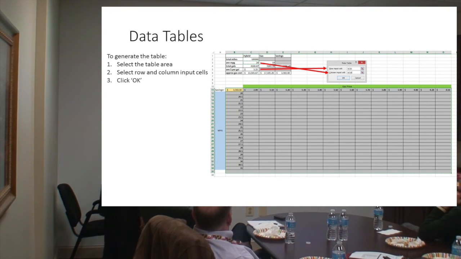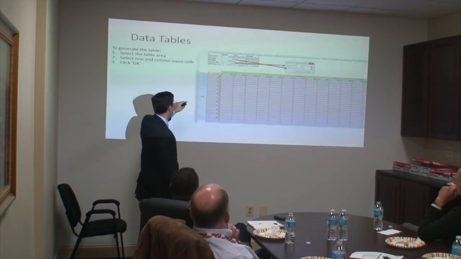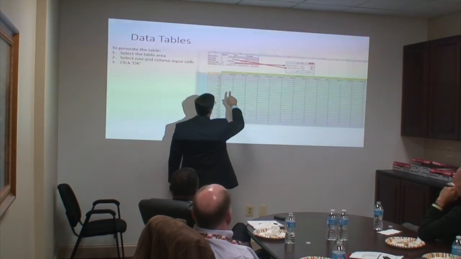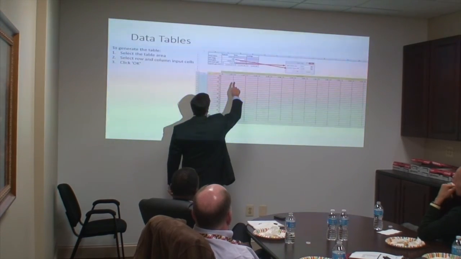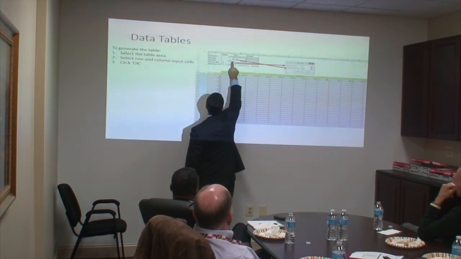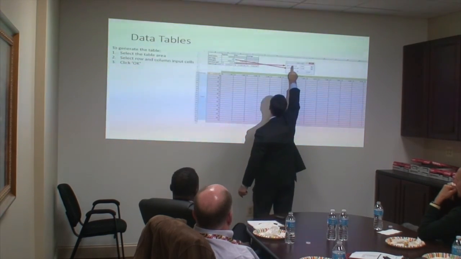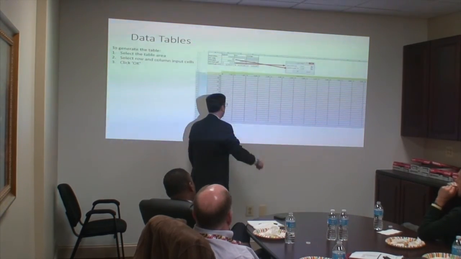In this instance, I'm still calculating savings, so what's going to be filled in here is dollars and cents. I've got gas price across the top, and that corresponds to this cell in the formula, so that goes to the row input. It's arranged in columns, but it's the row input.